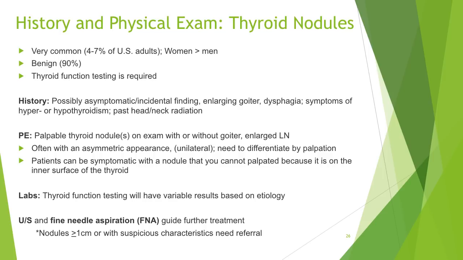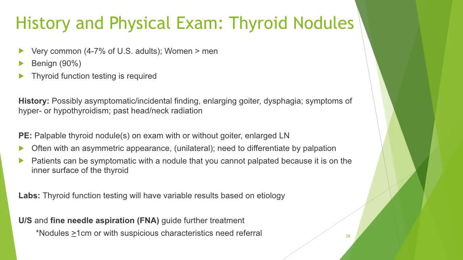On physical exam, you want to palpate the nodules, and you want to identify and describe the locations of where they are. Again, your diagnostic labs would be those that we just talked about with thyroid function. Ultrasound may be helpful in identifying some characteristics of the nodule, as well as needle aspiration.